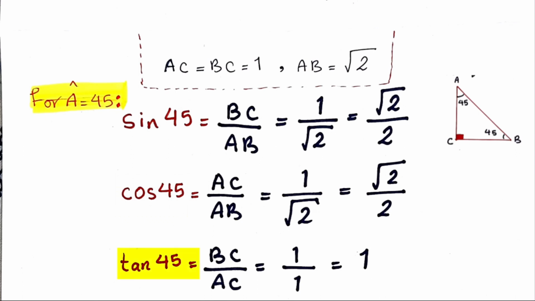For tangent 45 degrees, as I said before, the tangent of any angle is equal to the side opposite divided by the side adjacent. So, tangent 45 is equal to the size of BC divided by the size of AC, and it is equal to 1.